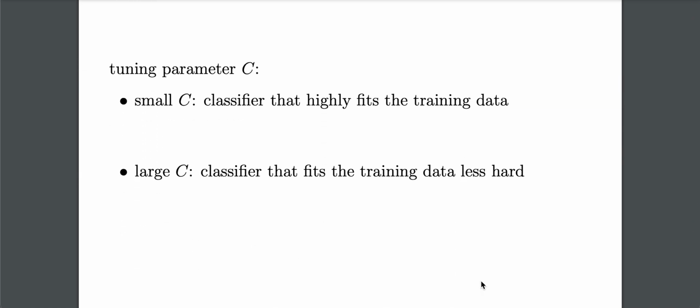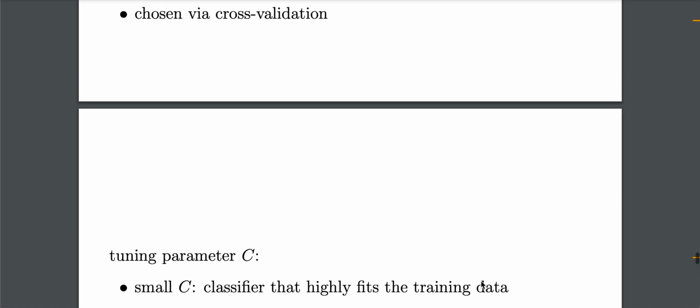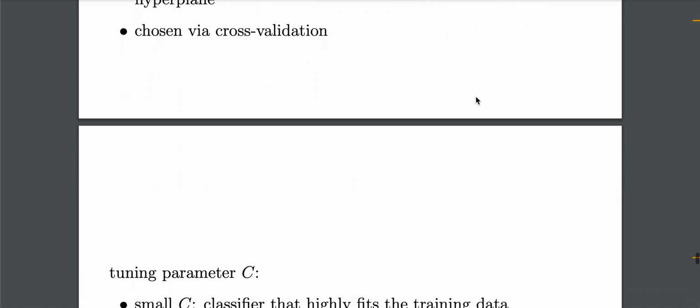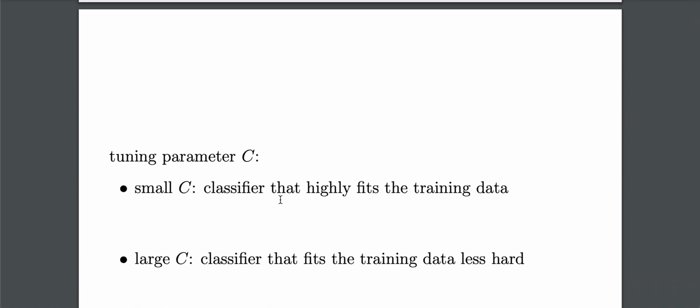So if C is small, then the number of observations that are on the wrong side becomes smaller. Therefore, the classifier highly fits the training data. So small C means more complexity, right? Small C means smaller training error, right?